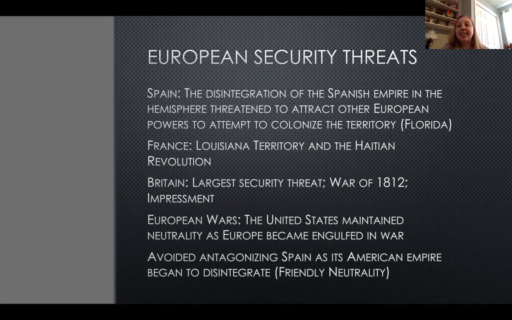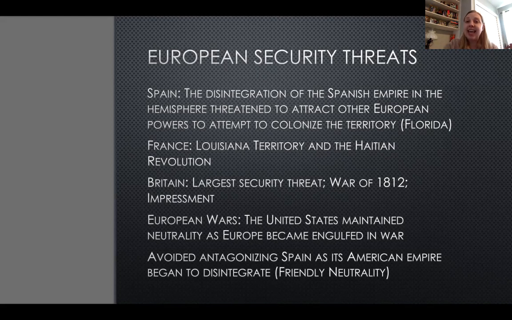Under Thomas Jefferson in 1803, during the French Revolution, the United States is going to purchase the Louisiana Territory and neutralize this threat.